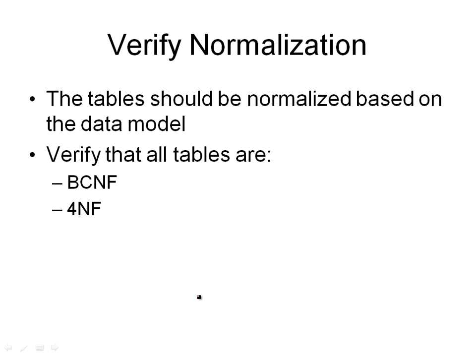Then we are using BCNF or 4NF, the normal forms that we learned in chapter 3. So we are normalizing, but you also need to verify that your tables are in the proper format needed for the design.